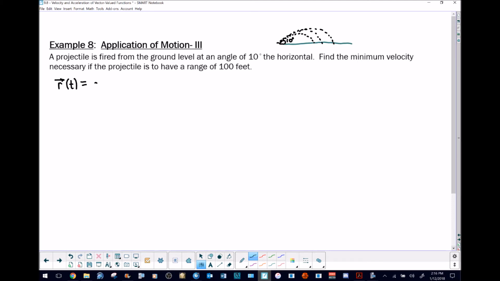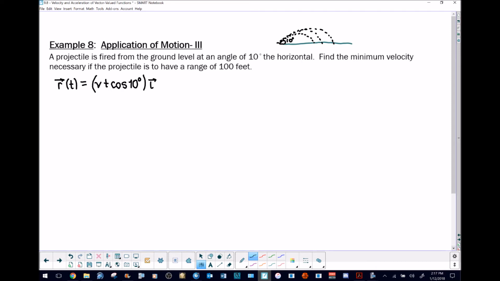That is the velocity that we talked about, so I'm going to call that v in this case. Then we multiply that by t cosine of our angle measure, 10 degrees, and all of this will make up our i component. Now, if that portion bothers you, you might need to go back and look at some other video that deals with using vectors to solve motion problems first, some of the more basic examples.